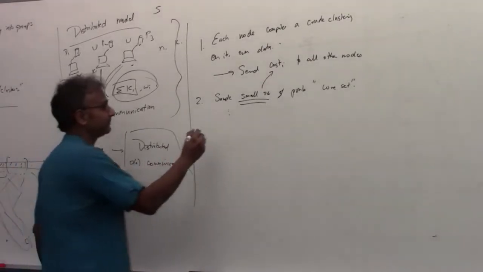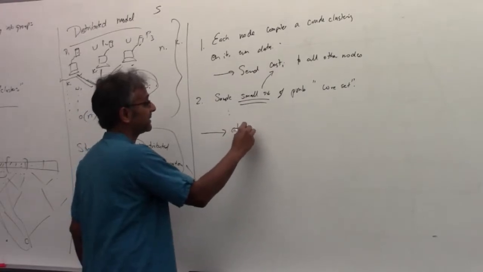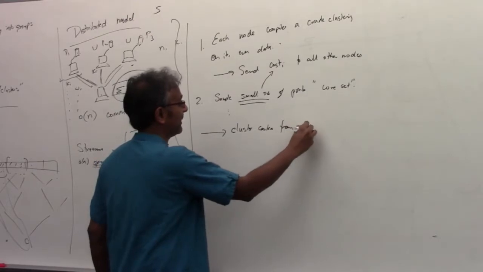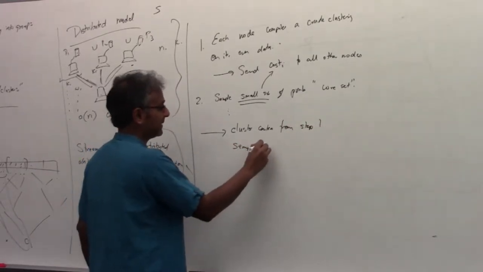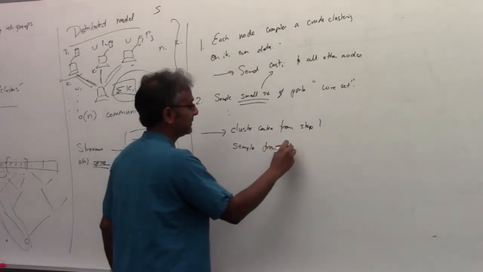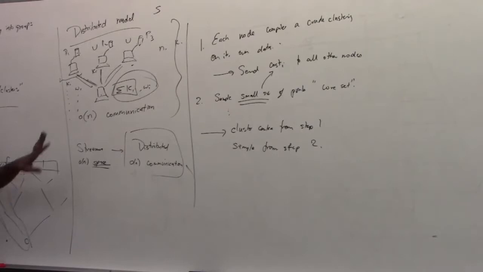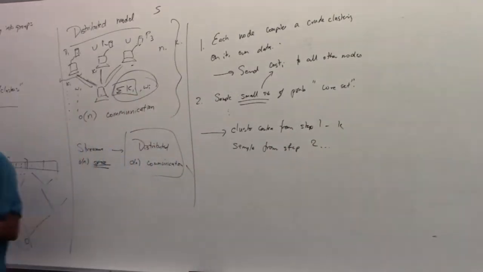What it sends out is the cluster centers from step 1 and the sample from step 2. Okay. Making sure these are all relatively small. Well, this will be something like k points here, and there's going to be some small number of sampled points.